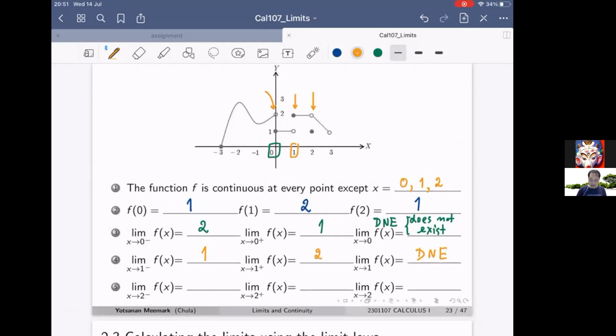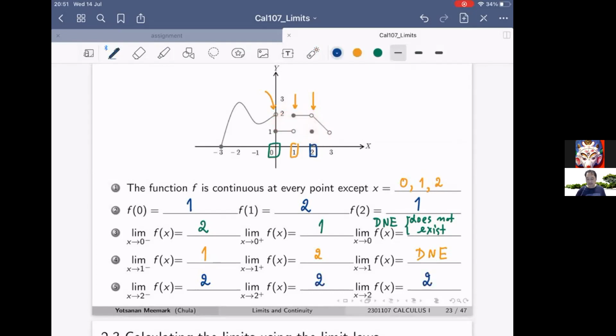How about at 2? At 2 from the left, the function value is steady again, always equal to 2. So here is 2. And then from the right, it starts from here and then it goes up, right? It goes up, but it gets close to 2 as well. And they are the same.